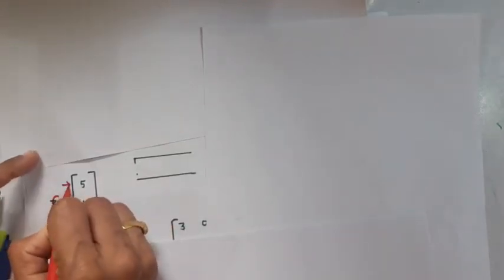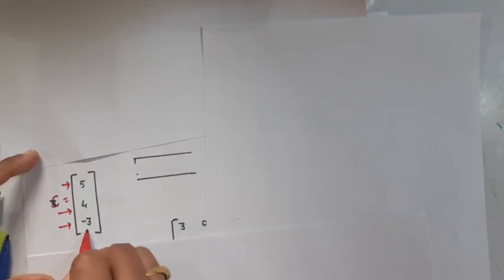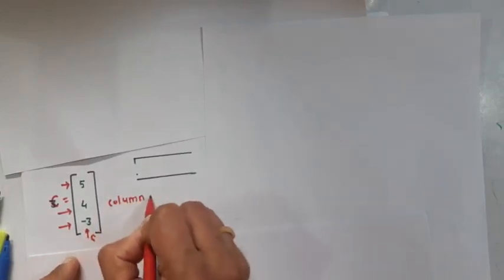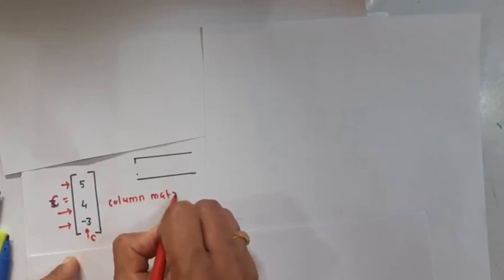See students, suppose there are 3 rows: first row, second row, third row. But only one column, and if a matrix has only one column, that is known as a column matrix. That's why it is a column matrix.